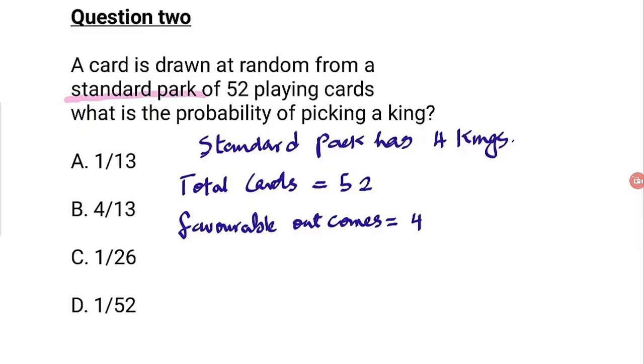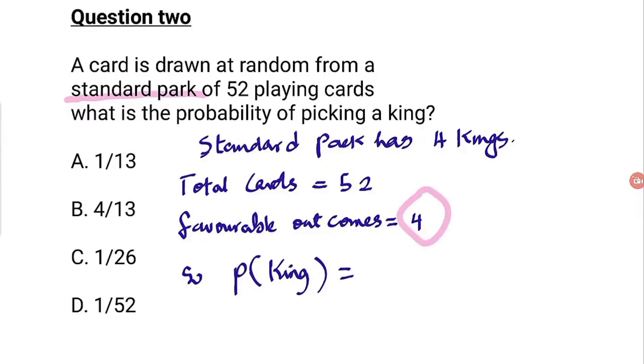So the next thing we're going to do, we're going to have P, which is the probability of having a king. What is our favorable outcome? It is 4, which is here.